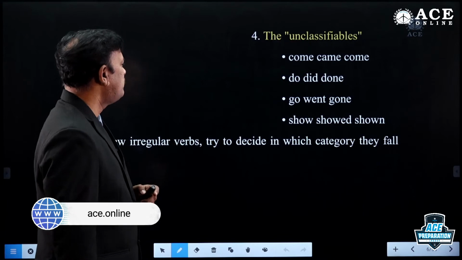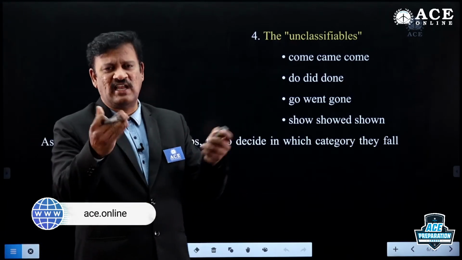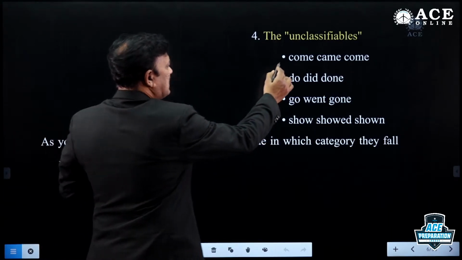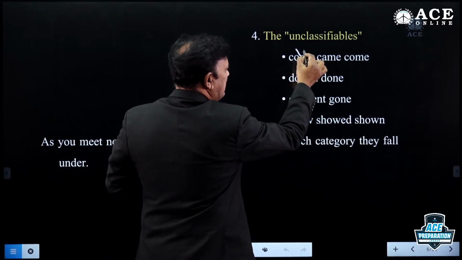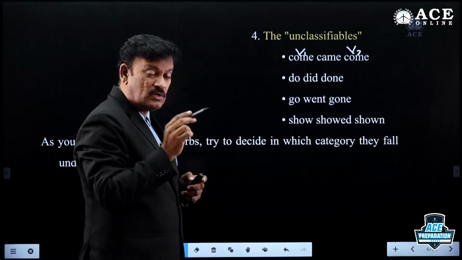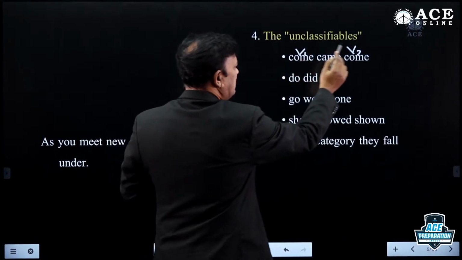Look at this one. This is called unclassifiables, which we cannot classify. All other stuff we can put in this category. Come, came, come. Look at this one: V1 form and V3 form are same. Also become, became, become. Same.